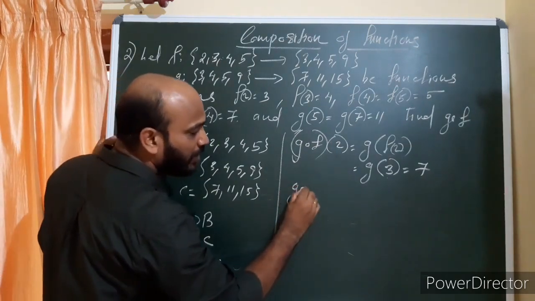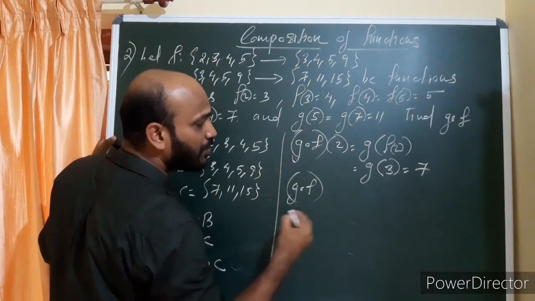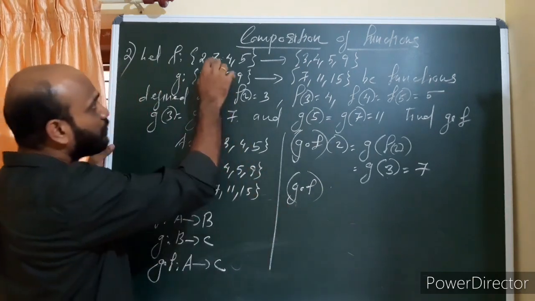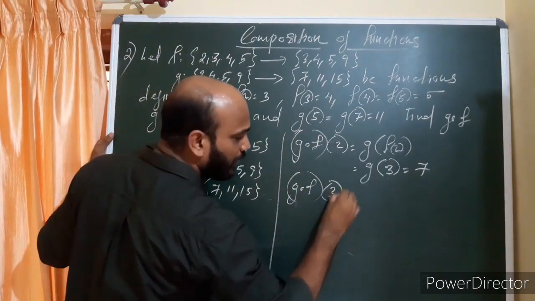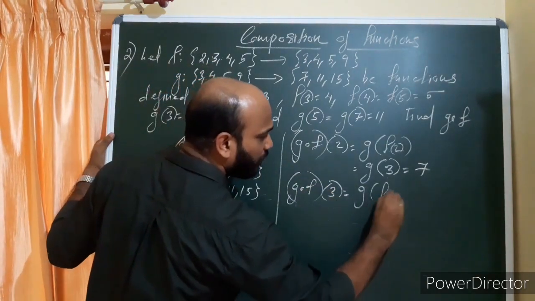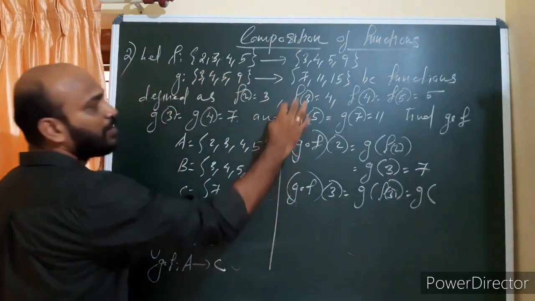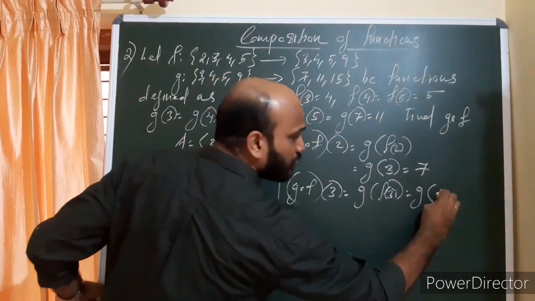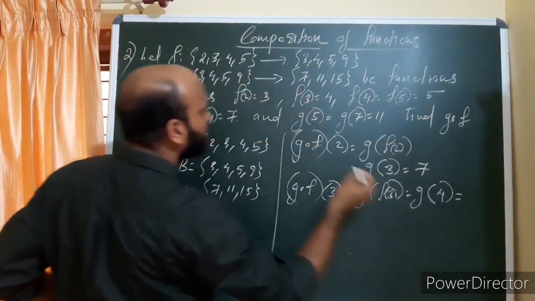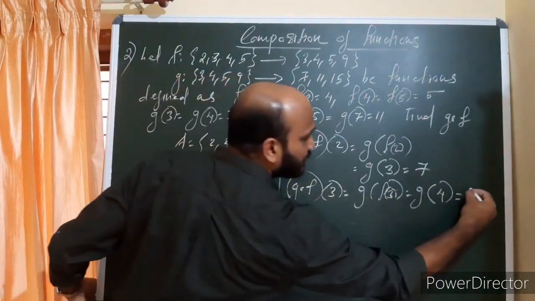Now you have to find image of second element of A, that is g of f of 3. g of f of 3 equal to g of 4 you are getting. And what is g of 4? g of 4 equal to 7.